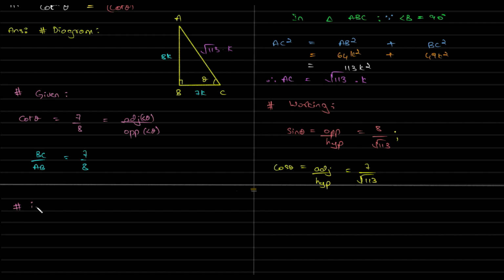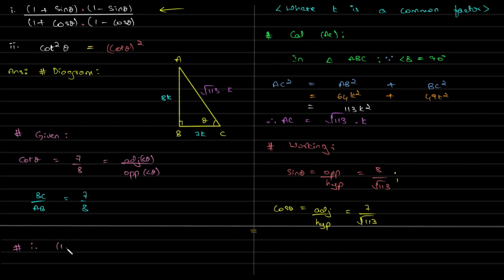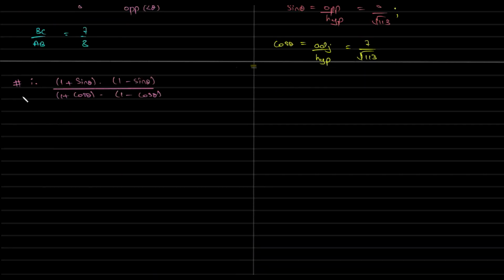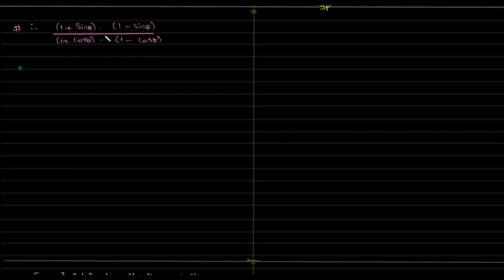So we'll jump to the question. (1 plus sine theta)(1 minus sine theta) divided by (1 plus cos theta)(1 minus cos theta). Before substituting, we can do one thing over here. Please have a look.